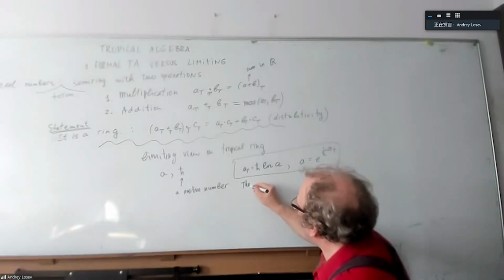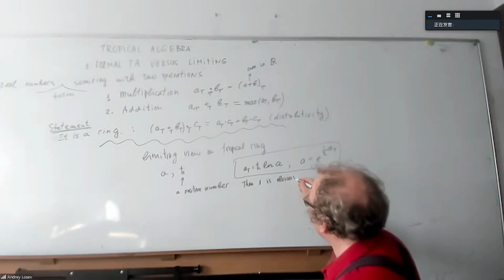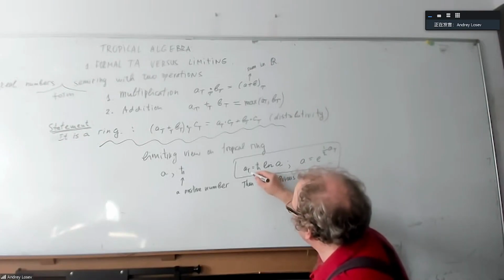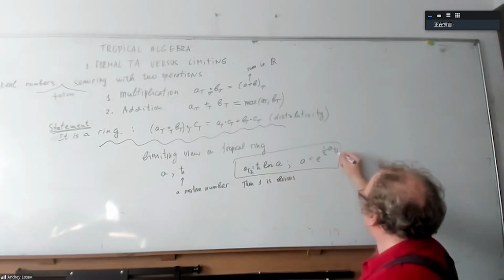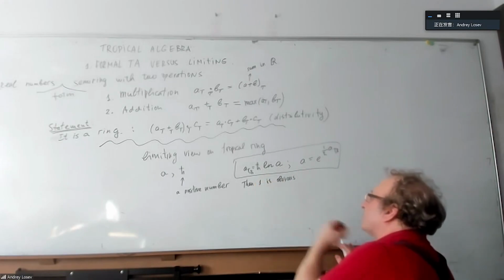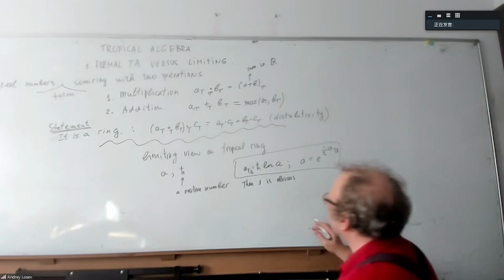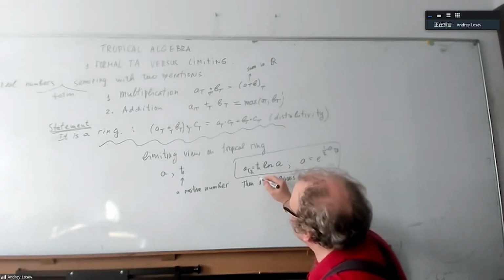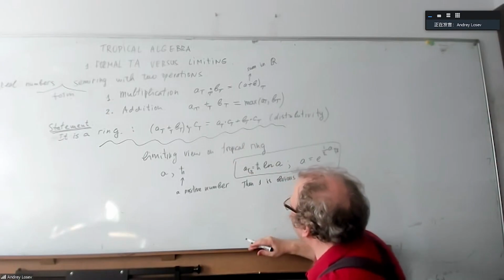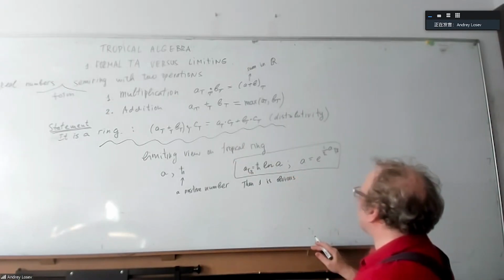Then property 1 is obvious. So let me call it tropical H. So then property 1 is obvious. Property 2 is not obvious. So let me do the following.